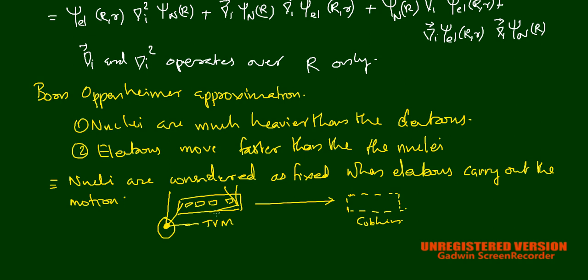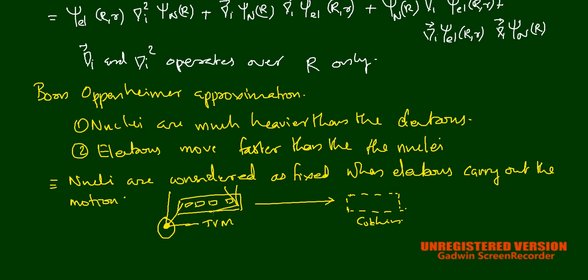Even if the bus is moving, we consider the bus as fixed by fixing the origin of the position coordinates in one part of the bus itself, so that the bus is considered at rest, and then only your movement will be counted. So the arrangement of the people inside the bus can be described in a much better way if you consider the coordinate system like this.